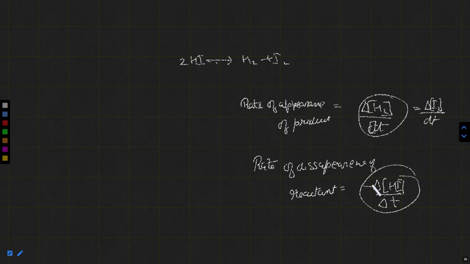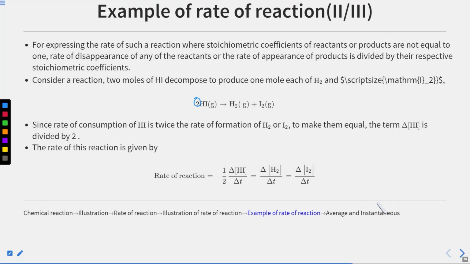Now if you divide it by the stoichiometric coefficient as we have done here, so we have divided this rate of disappearance, delta HI by delta t along with this negative sign, by the stoichiometric coefficient, then in that case we will get the rate of reaction. So if the stoichiometric coefficient is 1, then the rate of appearance or disappearance will be equal to the rate of reaction.